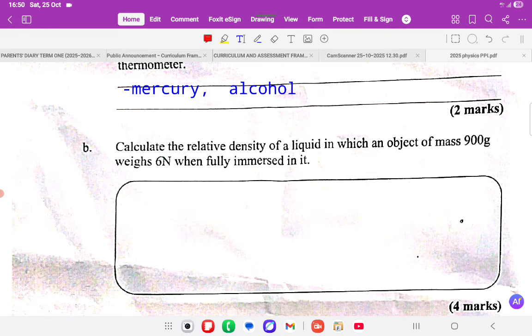So we are calculating the relative density. Take note what we are to calculate.